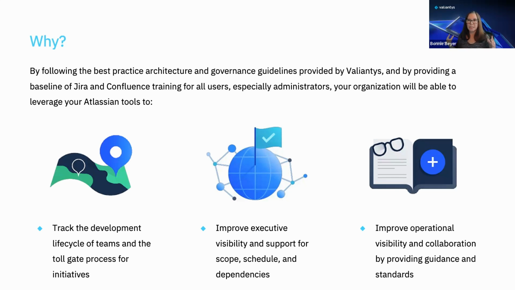You want to have a good data map and understanding of how that data interacts. So that's really what you're looking for. Why you care about this is so that you can have that operational visibility and collaboration, and you can have that knowledge base enabling your guidance and your standards.